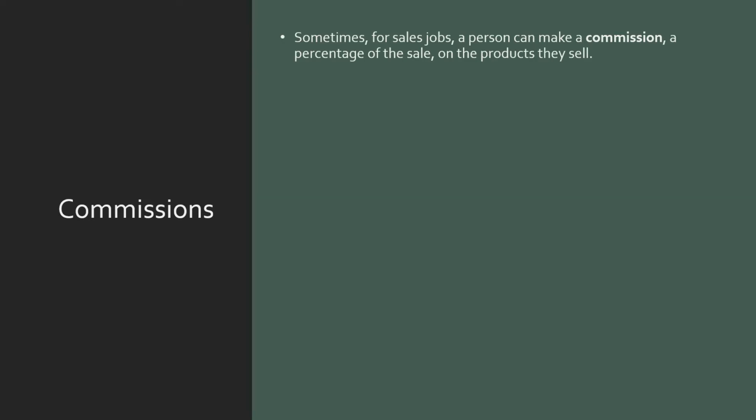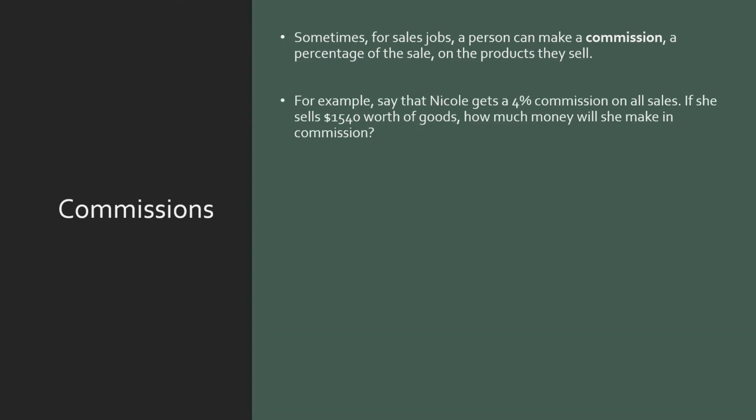So next up, this is technically 10.3. We're just cruising along with commissions, where we'll say that sometimes for sales jobs, a person makes a commission, which is just a percentage of the sale on products that you happen to sell. So let's say that Nicole gets a 4% commission on all sales.